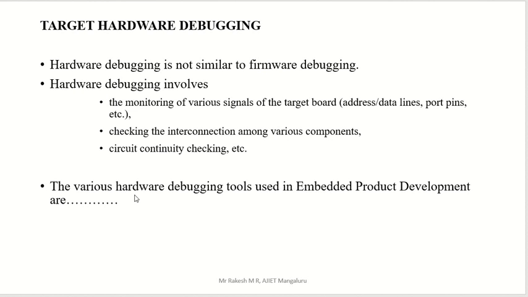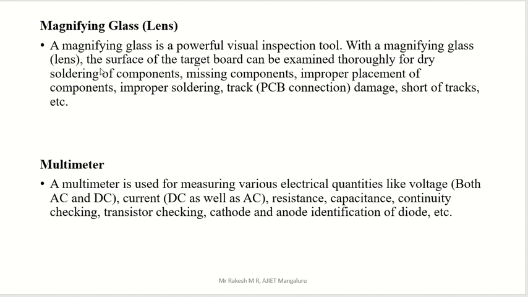The various hardware debugging tools used in embedded product development are some of the main hardware tools we are using here. They have given some of the hardware, we will see that. The first one is the magnifying glass, that is also called a lens. So this is one of the hardware debugging tools. How? A magnifying glass is a powerful visual inspection tool.